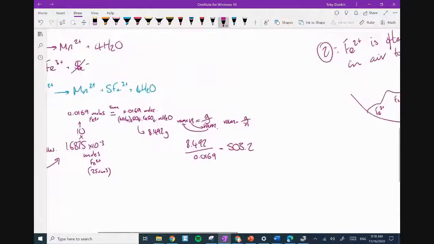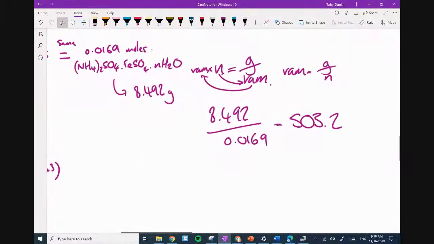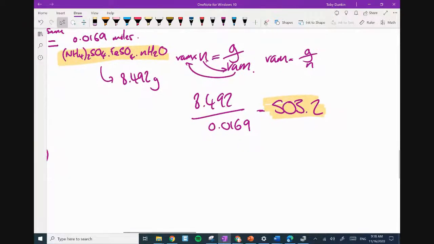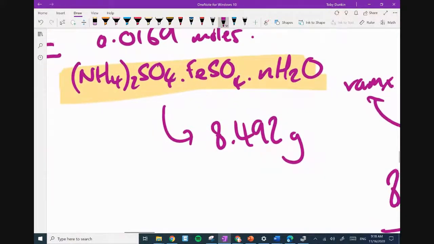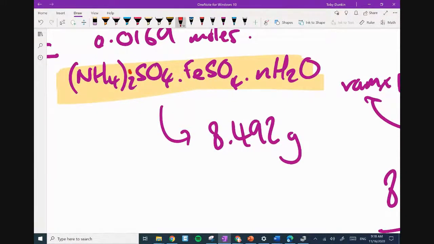Right, now I can find out how much water's in it, because what I can now do, this is the complete Mr of this compound. Take away everything but water. So I'm going to minus, let's work it out. What do I need to subtract? Well, I've got 2 nitrogens, 14 times 2. I've got 8 hydrogens, 1 times 8.